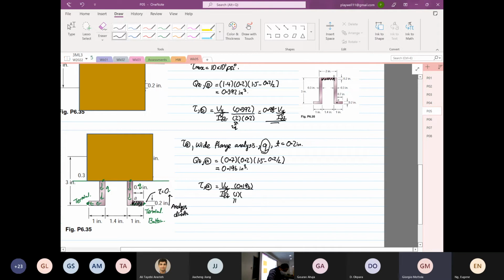So that's why this represents the Q. You don't need to write 1. I'm teaching, I'm writing so that you know. And the thickness, so this is the thickness now. It's equal to 0.2. Okay. So it's equal to 0.196. 0.196 divided by 0.2 is 0.98 Vy over Izz.